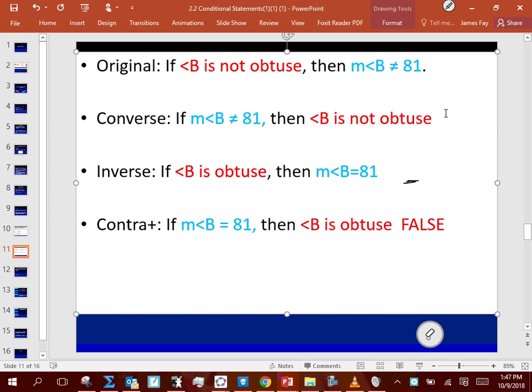So if that's false, automatically this one up here becomes false. And that's the purpose of understanding contrapositives: every time that I have a true contrapositive, that means the conditional that I used to create it was also true. Or every time that I have a false contrapositive, the conditional that I used to create it was also false. They're always the same truth value. Okay? Does that make sense to everybody?